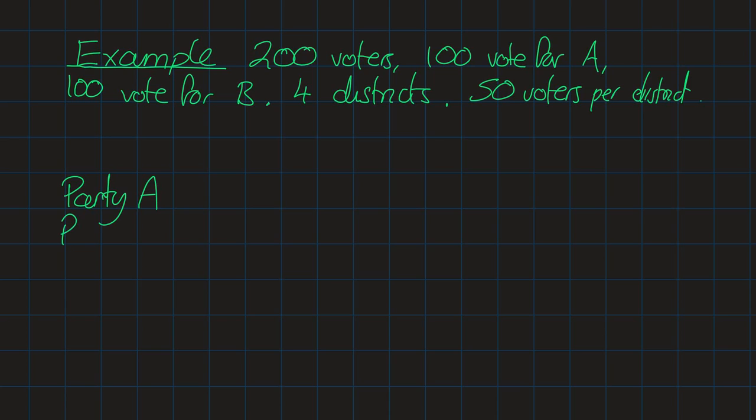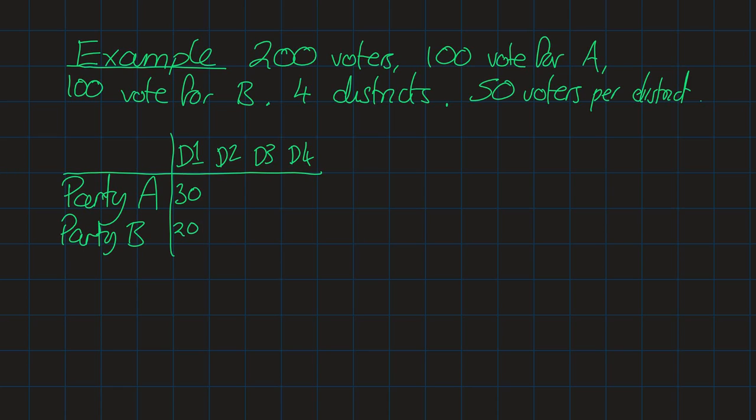Party A, party B. If I'm trying to gerrymander for party A, it would be convenient if I make it so district 1 has 30 voters who want party A and 20 that want party B. District 2, 30, 20, district 3, 30, 20.